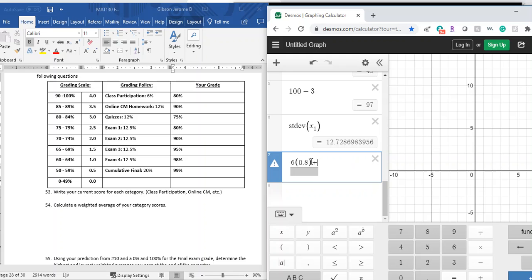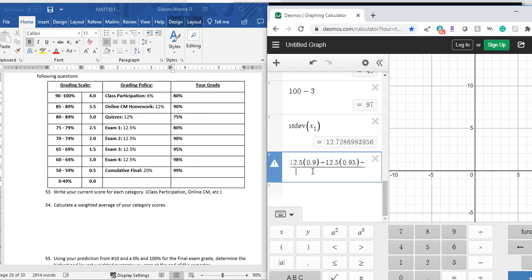Then we will have plus 12 times 0.9, plus 12 times 0.75, plus 12.5 times 0.80, plus 12.5 times 0.90, plus 12.5 times 0.95, plus 12.5 times 0.98, plus 20 times 0.99.